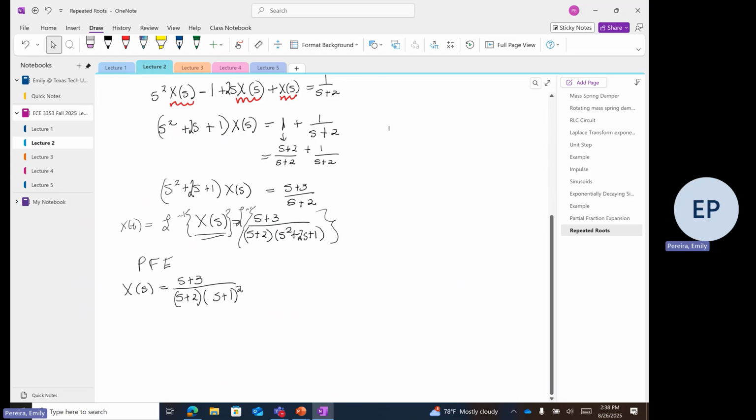Okay, so now you'll notice that we have this repeated roots term, and we have to take an extra step in our partial fraction expansion whenever we have repeated roots.